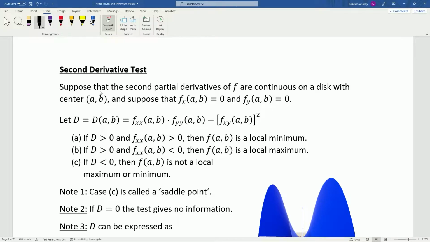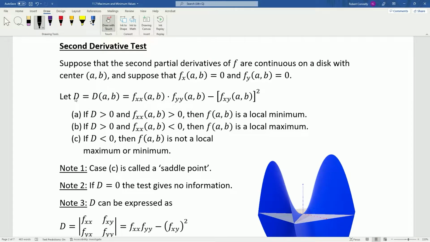So suppose that the second partial derivatives of f are continuous on a disk with center (a, b). And suppose that the first partial derivative with respect to x equals 0 at (a, b), and the first partial derivative with respect to y equals 0 at (a, b). So in other words, (a, b) is a critical point.